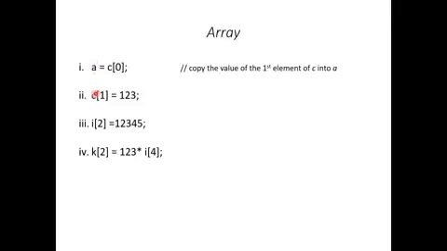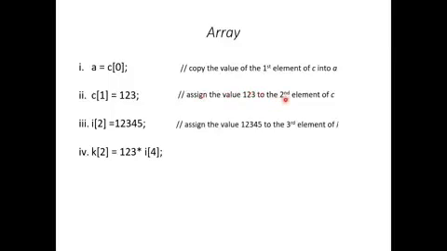And then for C with element 1, this means that we need to put 1, 2, 3 here into the array index location number 1. So this means that we need to put it at the second element.